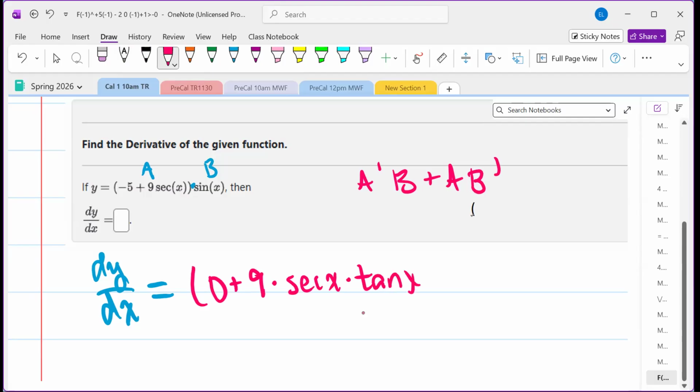And the two functions that always show up together are secant and tangent. So the derivative of secant is secant x tangent x. Now all of that is just A prime, times B, B is just sine x.